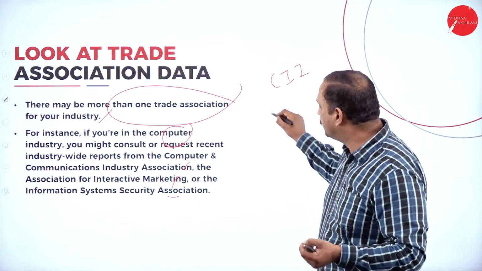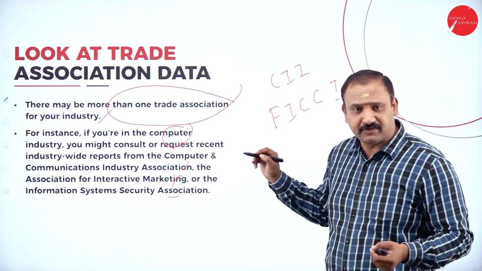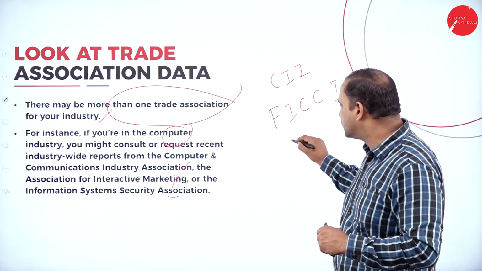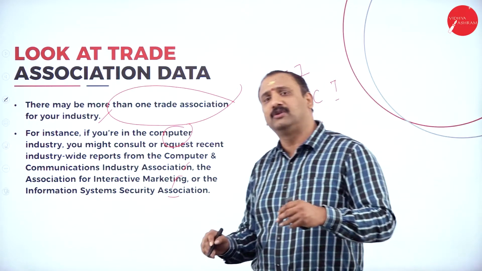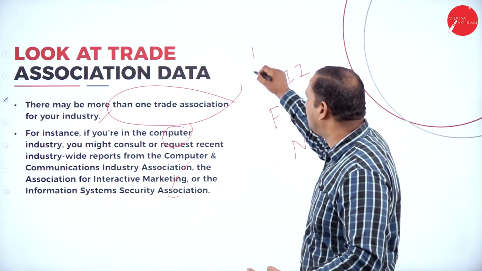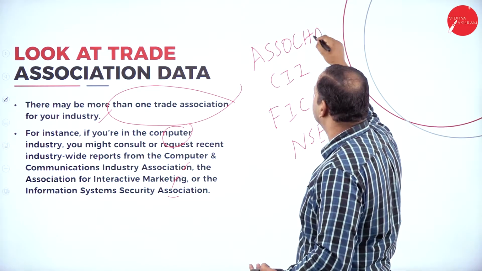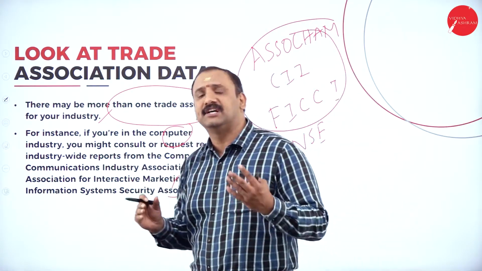They might also be linked to FICCI, the Federation of Indian Chamber of Commerce and Industry. That is also possible. They might also be linked to the NSE parameters, or to that of the BSE, or to the ASSOCHAM, which is the Associated Chambers of Commerce. So the same industry is linked to various associations.